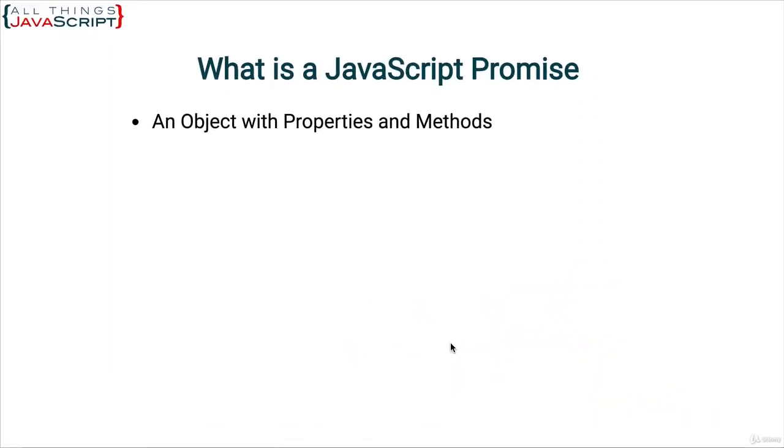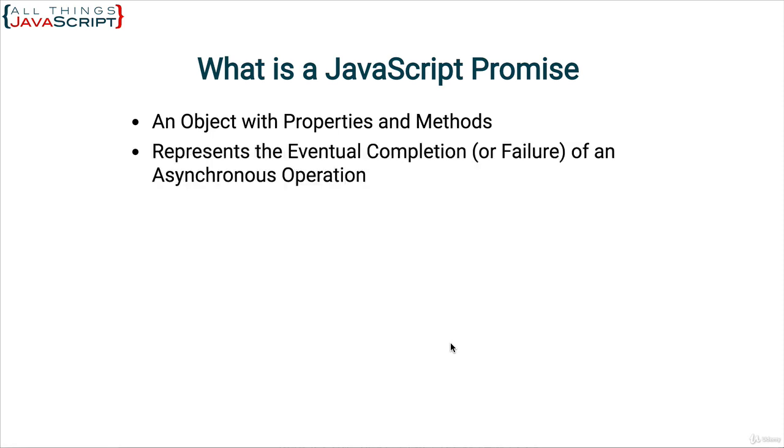First thing we need to make sure we understand is that a promise is simply a JavaScript object. It is an object with properties and methods, and we use some of those methods to take advantage of promises. So first and foremost, it's an object. Second, this object represents the eventual completion or failure, because it could fail, of an asynchronous operation.